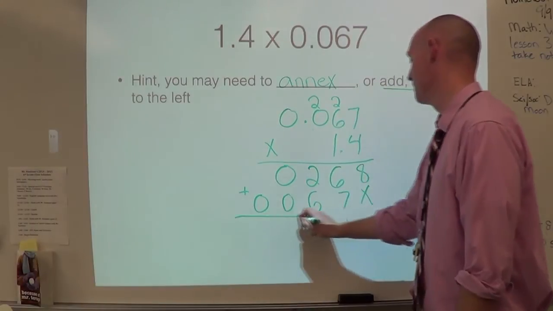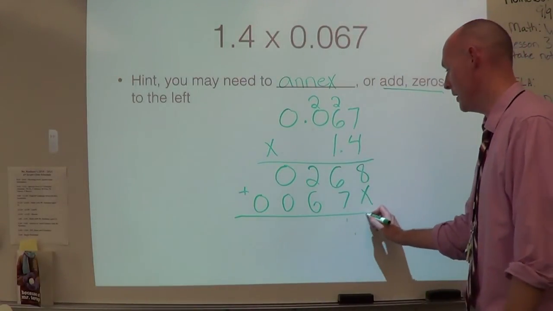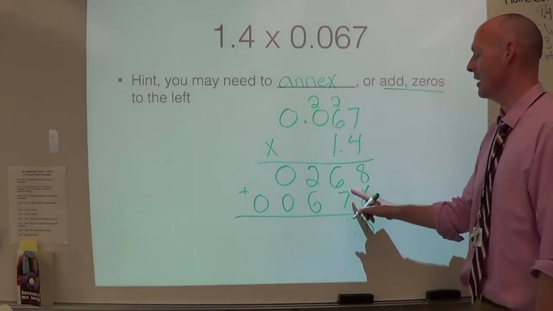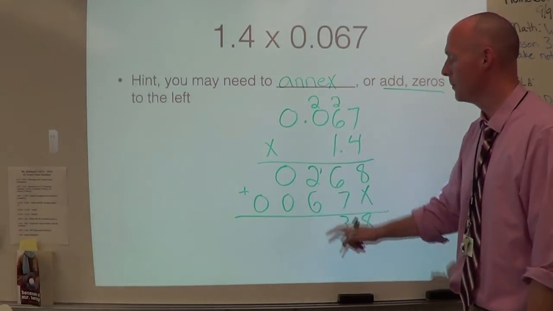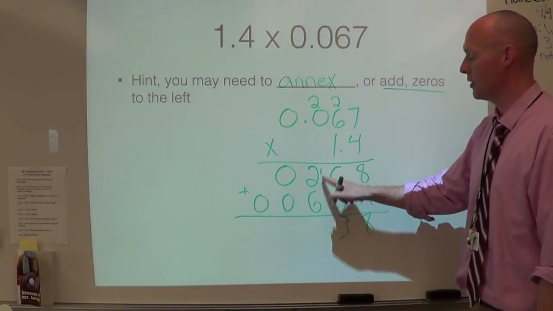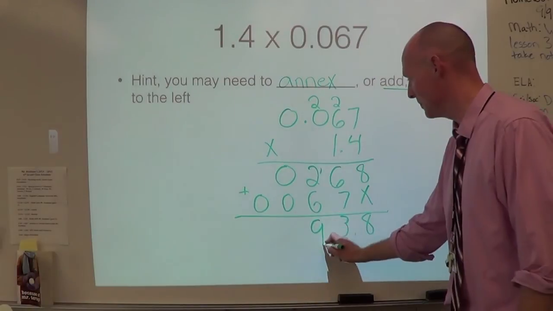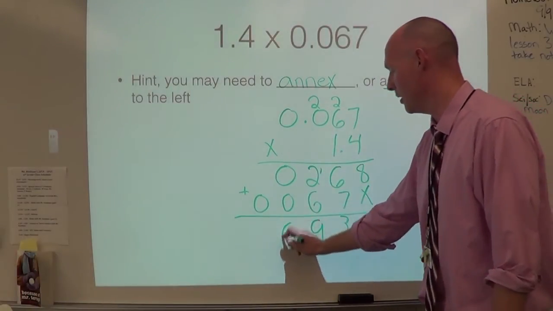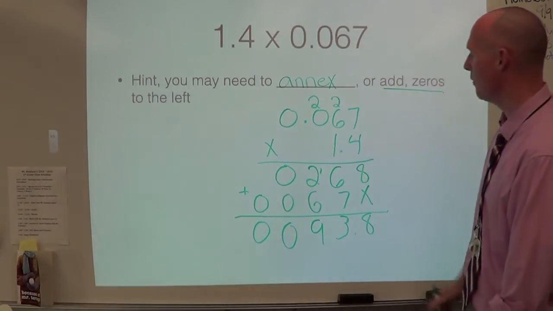Let's add them. 8 plus our placeholder is just plain old 8. 6 plus 7 is 13. 3. We're going to carry that 1. 2 plus 1 is 3, plus 6 is 9. Excellent. 0 plus 0 is 0. And 0 plus nothing is just 0. Now how many places do we move it?